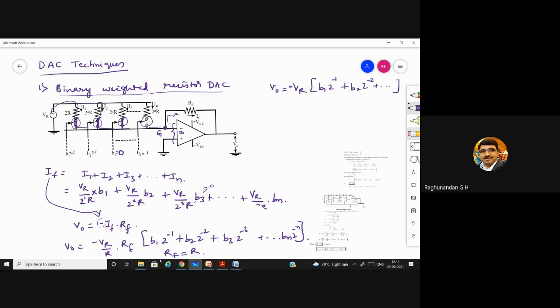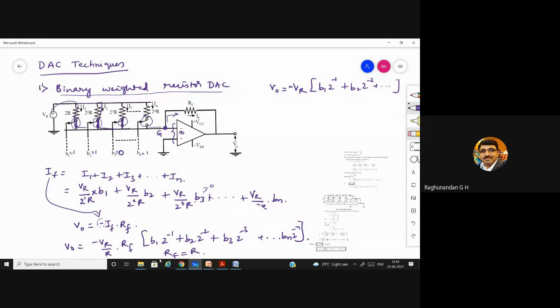So you need to align that wide range of resistors, and fabrication of that range of resistors is highly complicated, and it is not practically easy to do. Converting it into an IC will also be a problem.